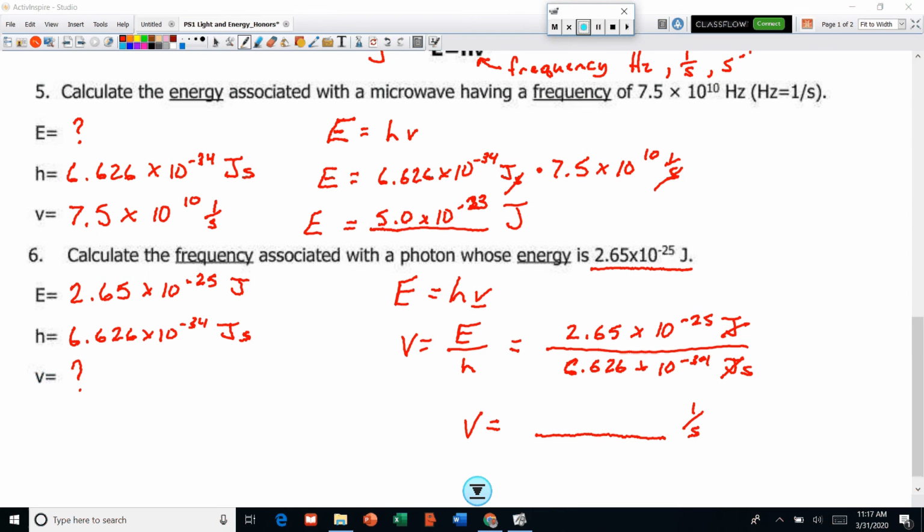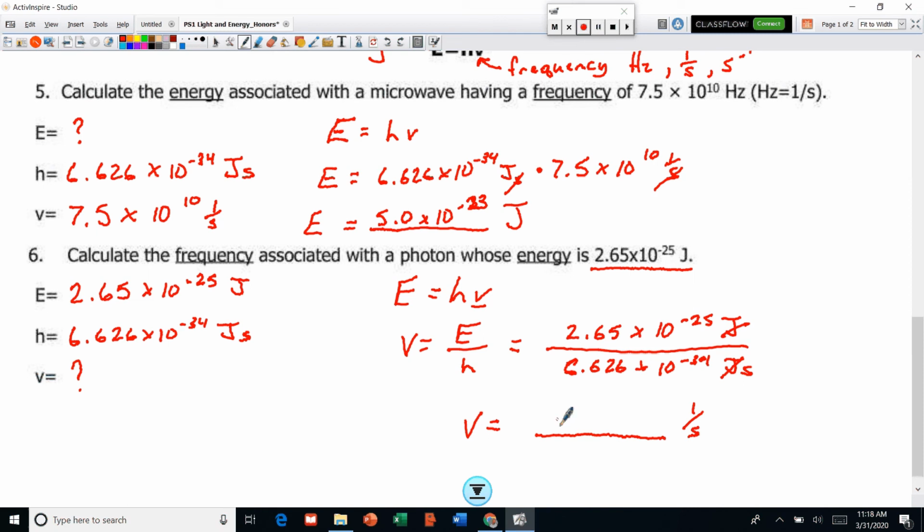All right, so this one, you could write it in scientific notation or not, but it's still only going to be 2 sig figs. I'm going to write it in scientific notation, 3 sig figs this time. We get a number of 3.999.